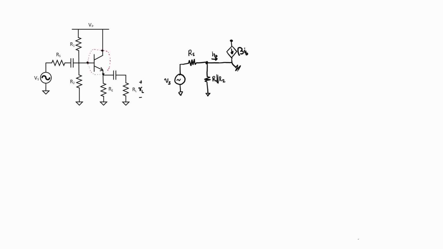We then have a small emitter resistance, little r sub E, and then we reach the emitter. In other words, I've replaced the transistor on the left with this equivalent model that describes its behavior.